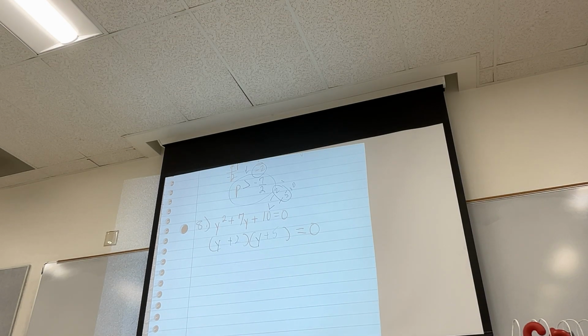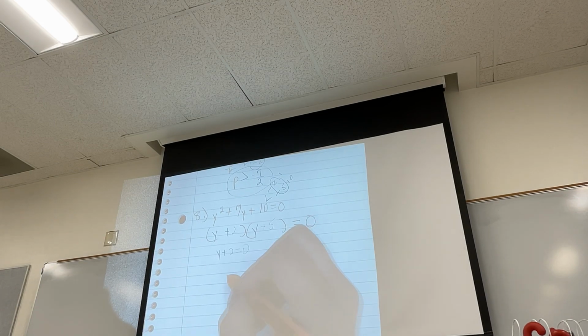What are those two sets of parentheses called? Factors, thank you. We take each factor, set them equal to 0, or some of you are doing it in your heads, and we get y equals -5 and y equals -2. So we have how many solutions?